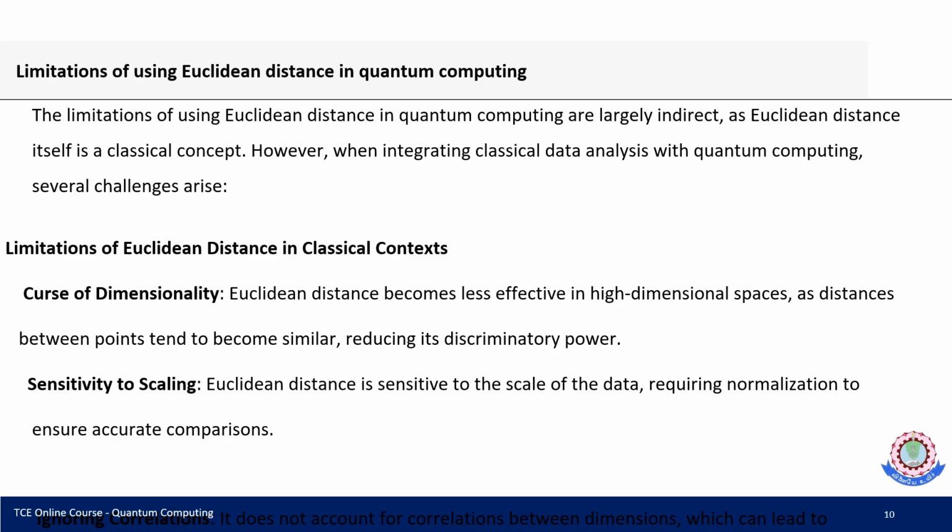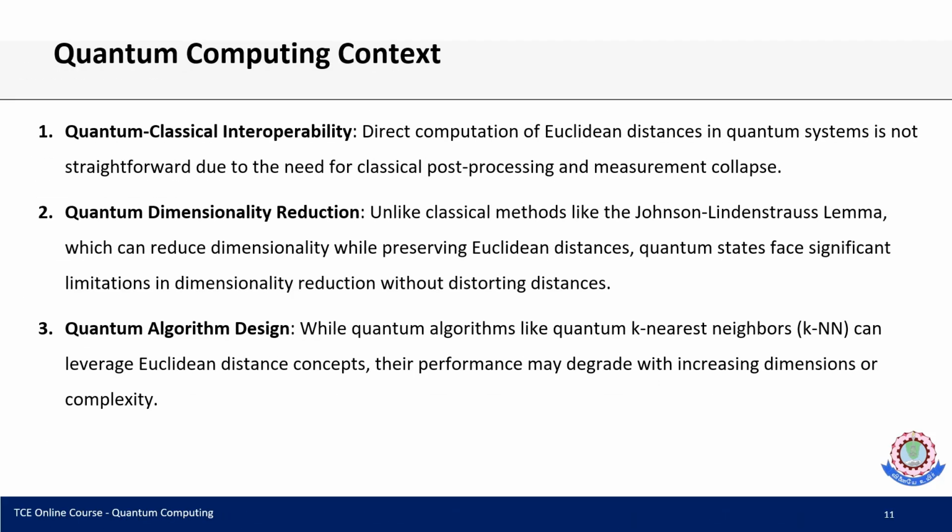Sensitivity to scaling: Euclidean distance is sensitive to the scale of the data, requiring normalization to ensure accurate comparison. In the context of quantum computing, quantum-classical interoperability is very important, and dimensionality reduction also is to be treated as a very important consideration, and algorithm design also.